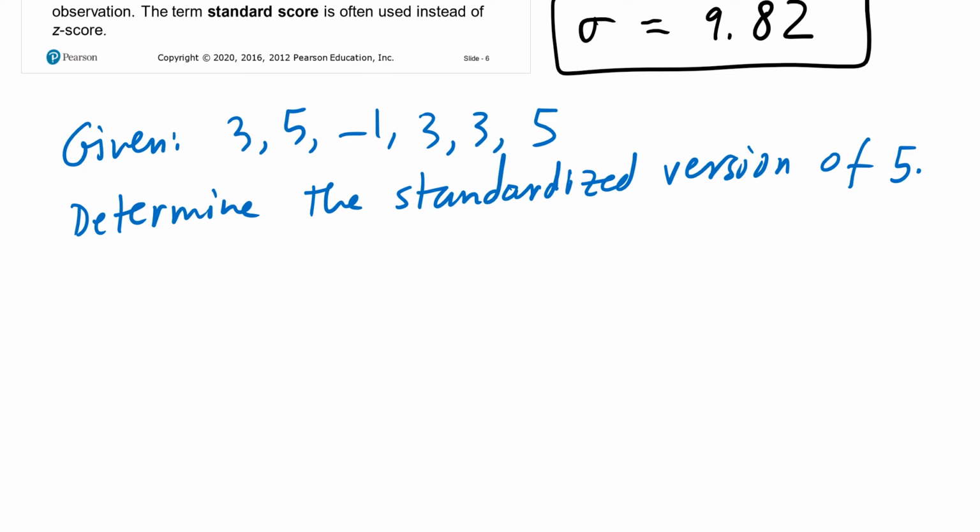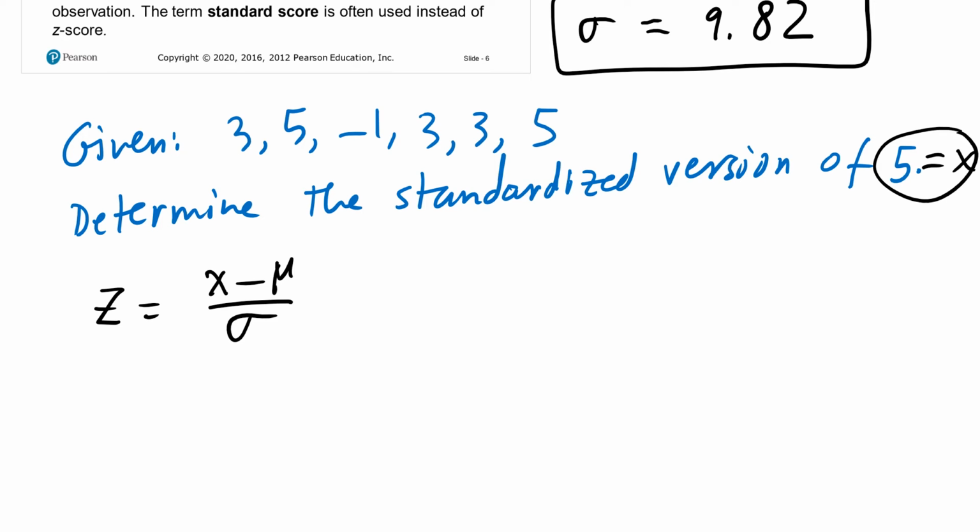So remember, what we need to find is the z. It's x minus mu over standard deviation. Do I have x? Yes, x is 5. Do I have the mean? No. Do I have the standard deviation? No. We need to find them.